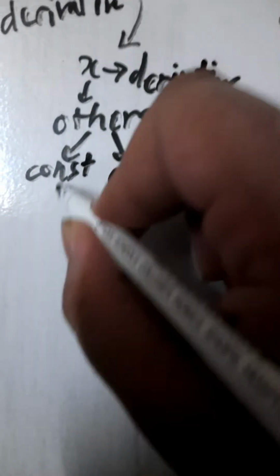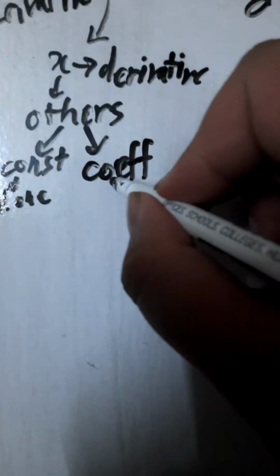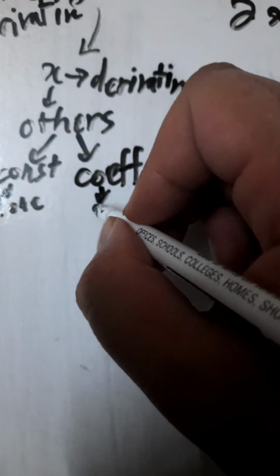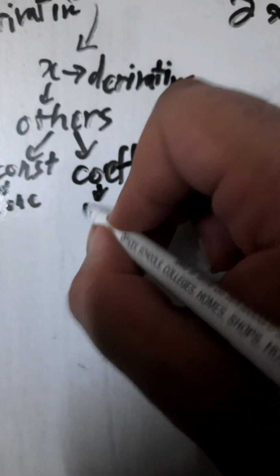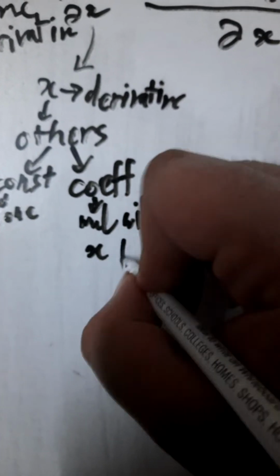Del x means take the derivative of x, others are either constants or coefficients. It depends: constant if alone, and coefficient when it is multiplied with an x term.